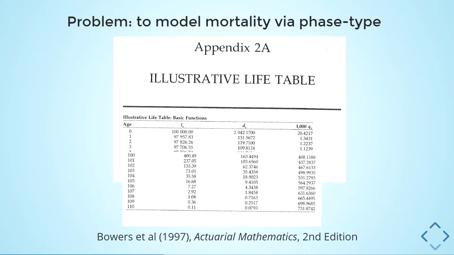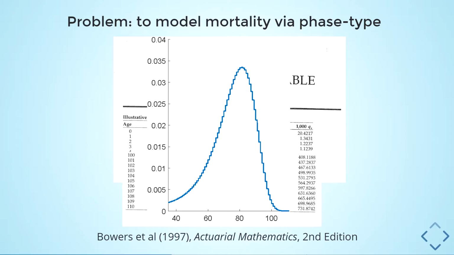So the part of the paper that he wanted to give me was very simple. The problem was take a life table and just fit a distribution to it. It wasn't even a real life table, just an illustrative life table from this textbook, Bowers et al.